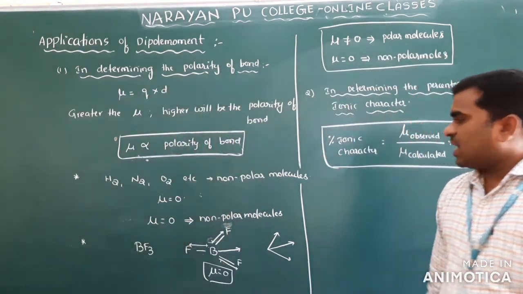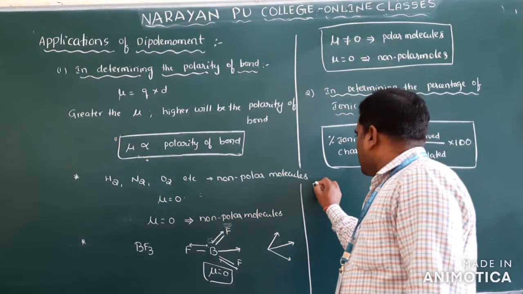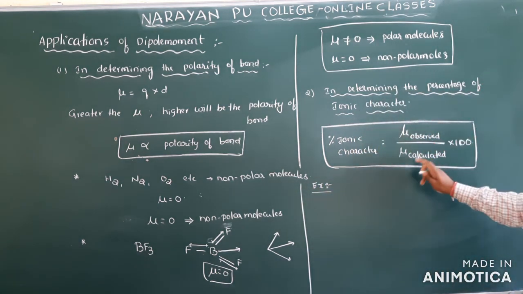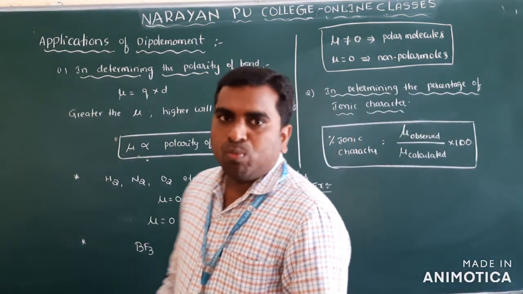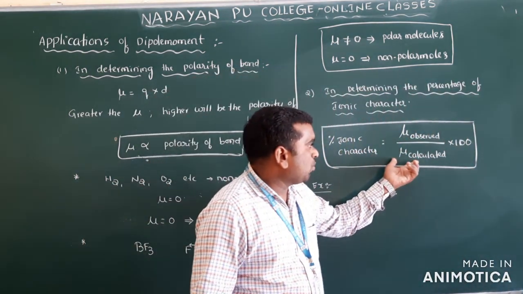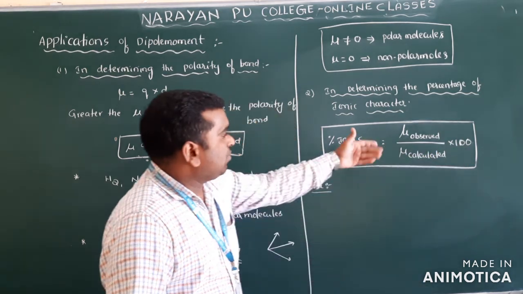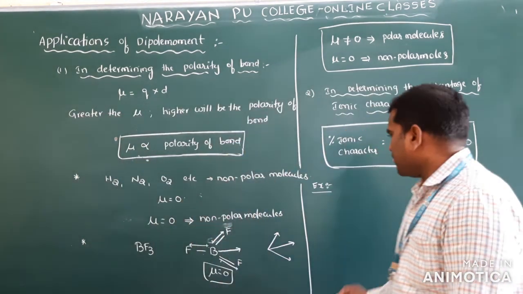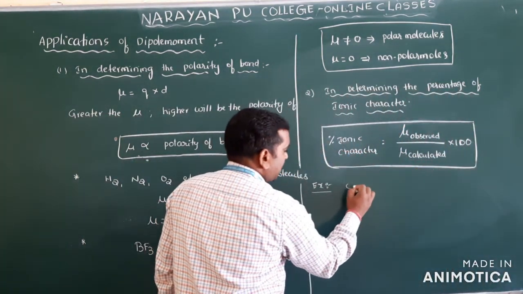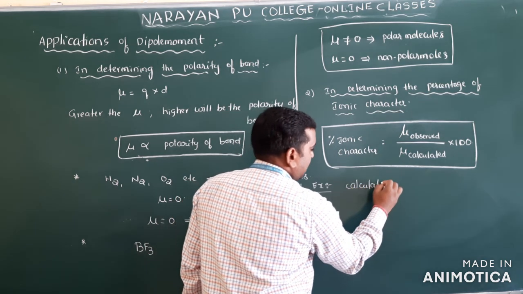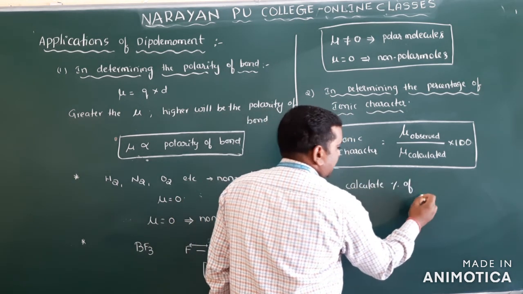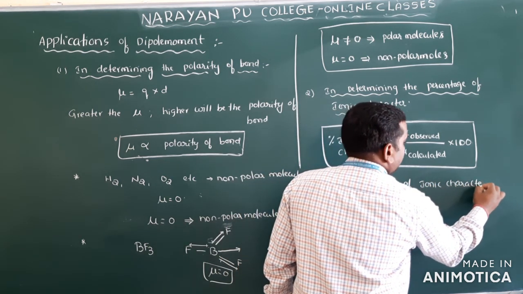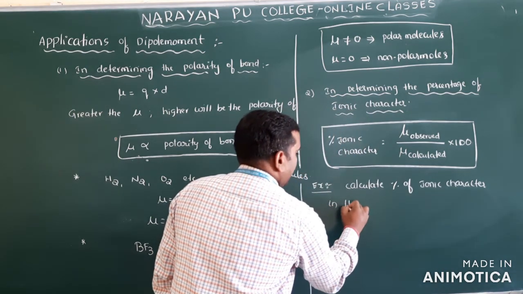Clear? If we do one example, we can easily understand. How to calculate this? In the question they will give the observed dipole moment, and you have to calculate the calculated dipole moment and multiply with 100, and you will get the answer. Clear? So what is the question? Calculate the percentage of ionic character in HCl.